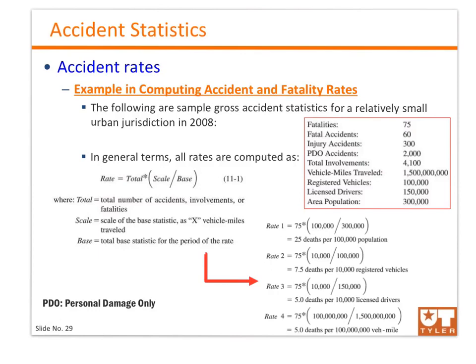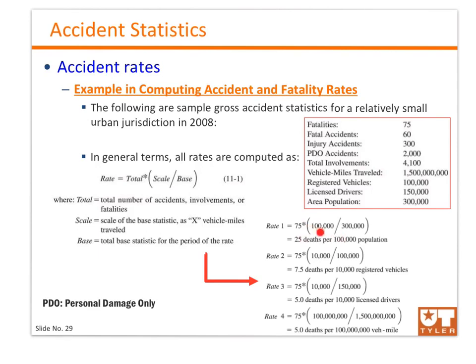So let's take the very first example, and how can we get the very first rate? Rate number 1 can be done using the number of deaths or fatalities per 100,000 population. How can we do this? First of all, we would use this equation, which is the total, which is 75, these are the 75 fatalities, times the scale.